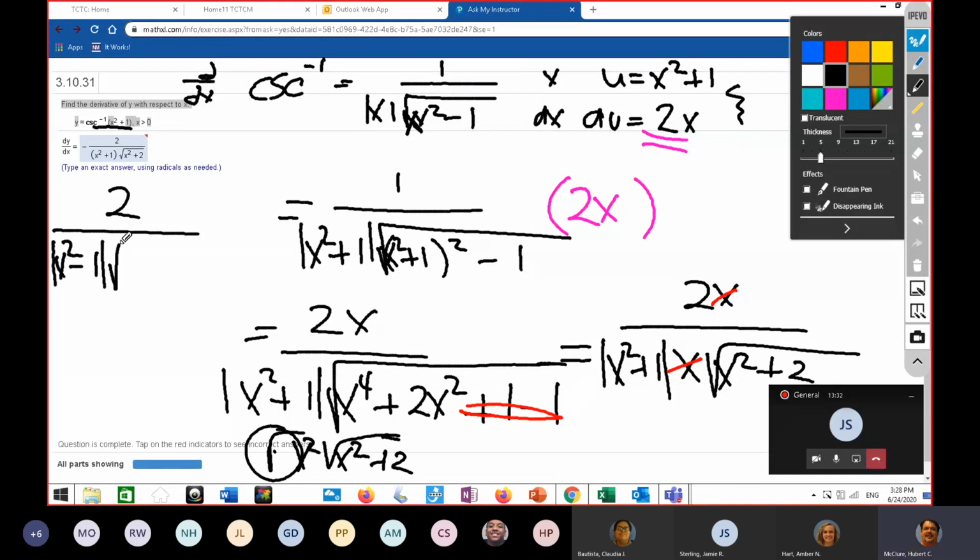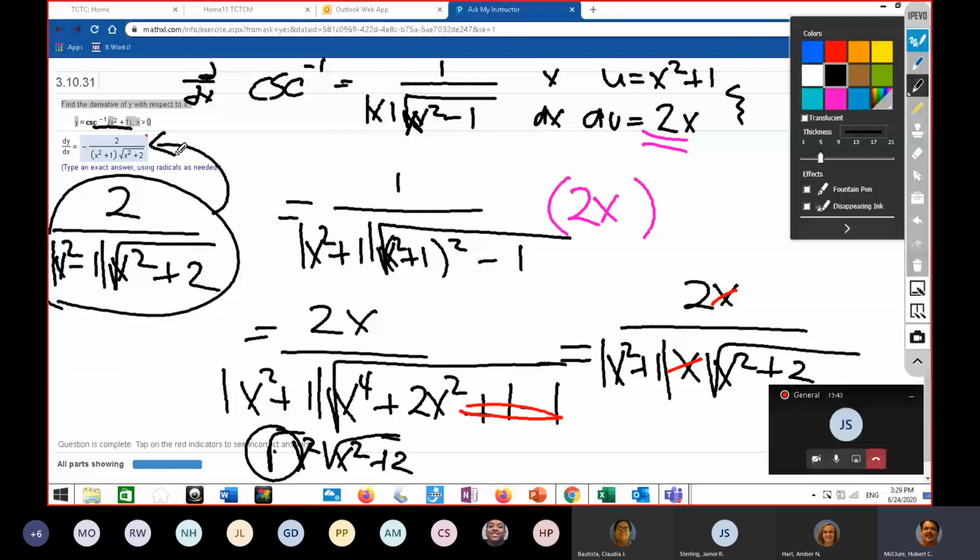If I had a highlighter, which I haven't found on this thing yet, I'm going to take this green and highlight the calculus. There's the calculus.